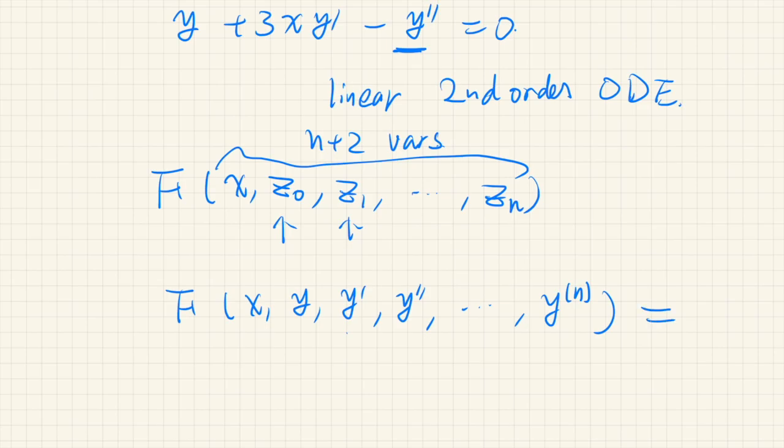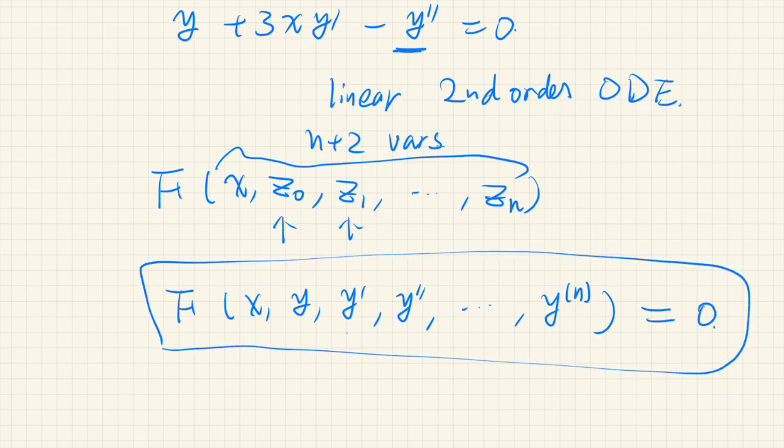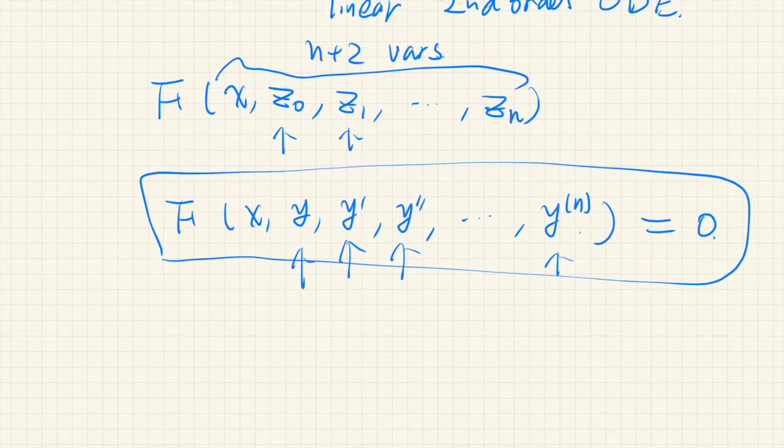And if this is equal to 0, then this is an equation that involves y and its derivatives up to the nth derivative. So this defines an ordinary differential equation of the nth order.